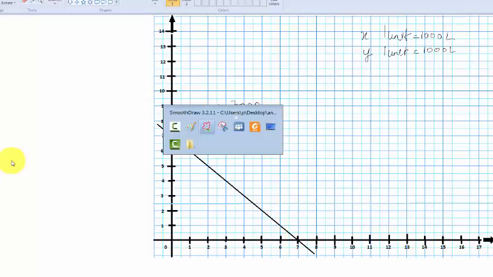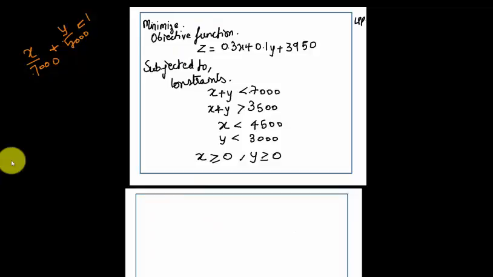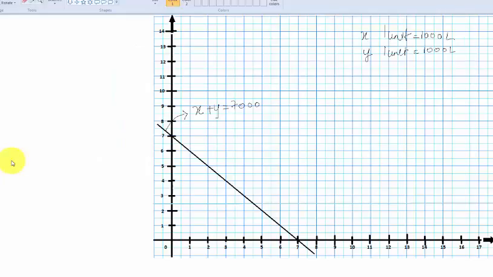Similarly, I have the next equation, which is x plus y equal to 3500. It's again x by 3500 plus y by 3500 equal to 1, which means the line will be cutting the x-axis and y-axis both at 3.5. So I'm going to draw a straight line going through 3.5 there.